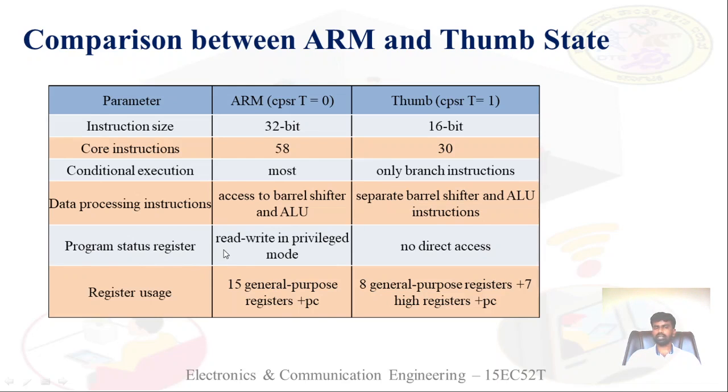For the program status register, ARM has read and write access in the privileged mode, but in Thumb mode there is no direct access to the control field of the CPSR. Registers used in ARM state are 15 general purpose registers, R0 to R14, and one more, the program counter R15. In Thumb, there are 8 general purpose registers and 7 high registers along with the program counter. This is the comparison of ARM and Thumb state.